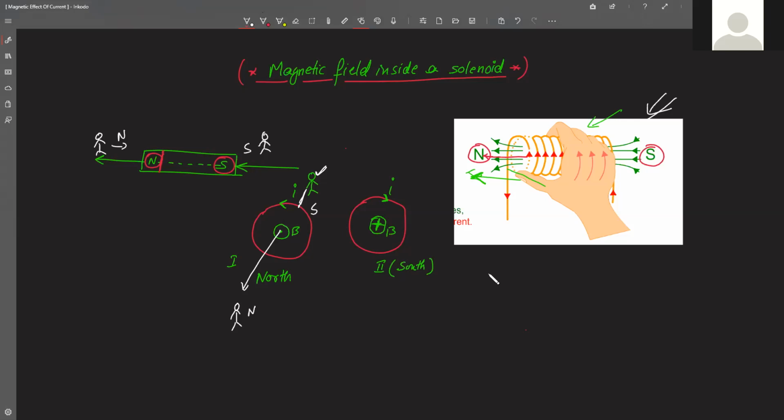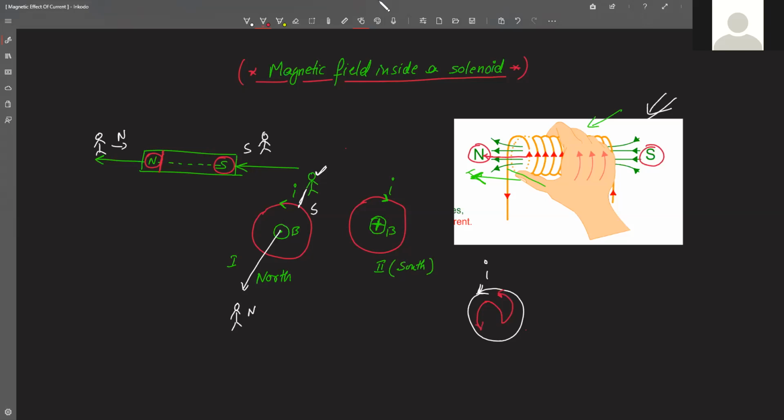Now to remember the direction of the magnetic field and the current, we have a small trick. If you see, this was the first case. This is the direction of current, right? And what happened to its magnetic pole? Which pole is this towards this? It is the north pole. So you can think of writing N like this, right?